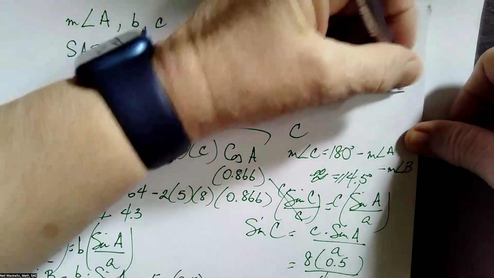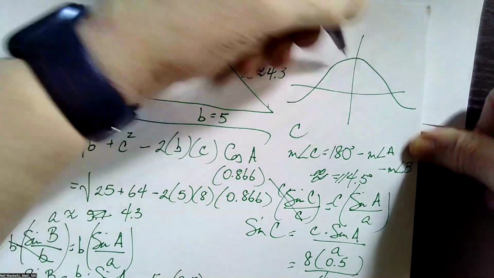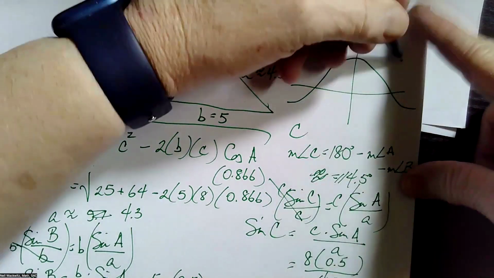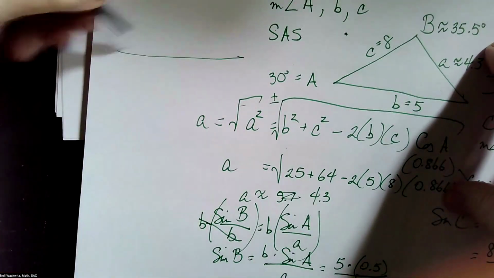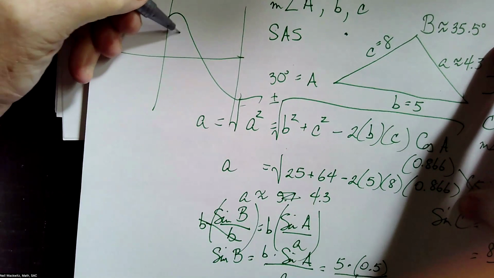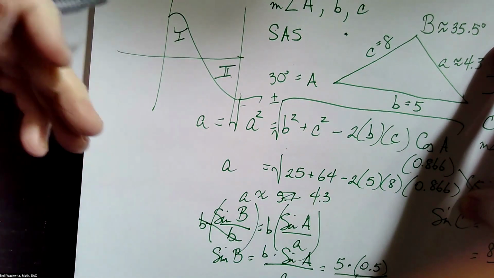Because remember that the cosine curve has all of its values in the first and second quadrants.